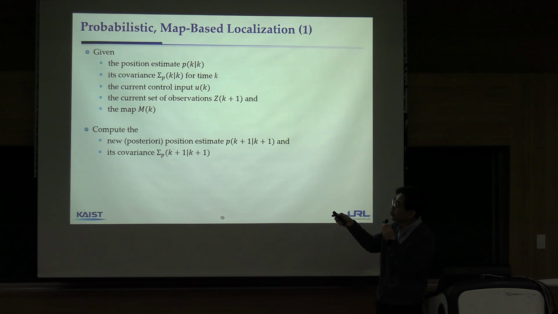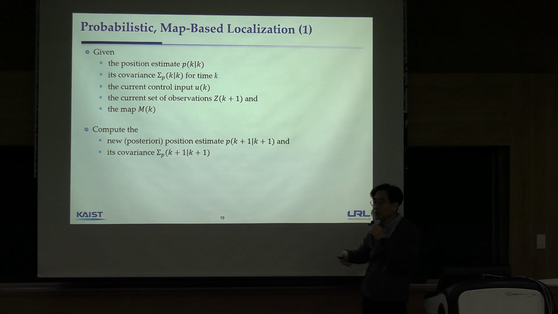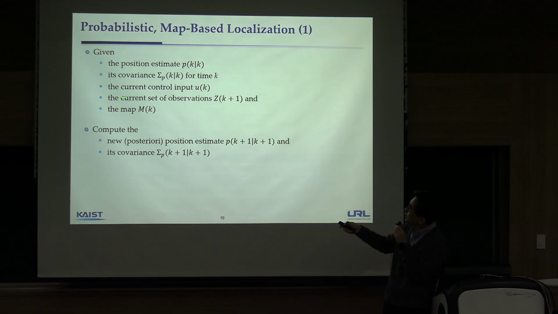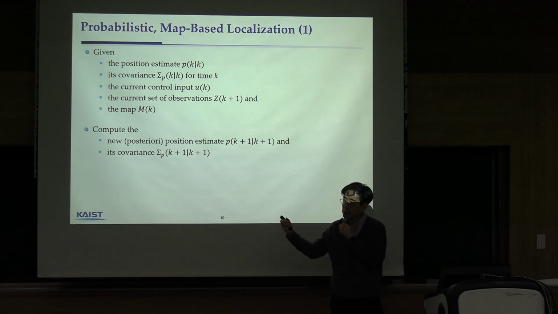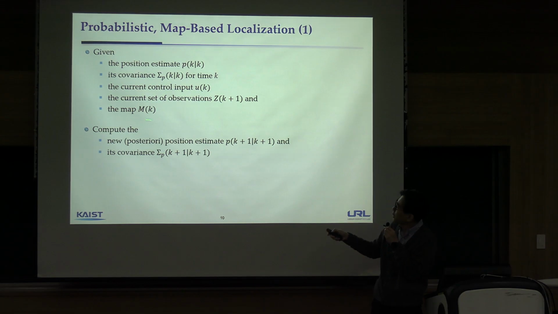Given the previous position estimate p k by k, this means the position at time k based on the measurement, and its covariance sigma p for time k, the current control input u k, which will be obtained by the odometry information, that means the encoder information from the wheels, and the current set of observations z k plus 1. So at the new time k plus 1, we obtain the new measurement. So z is the new measurement, and the map is given, and k is given.